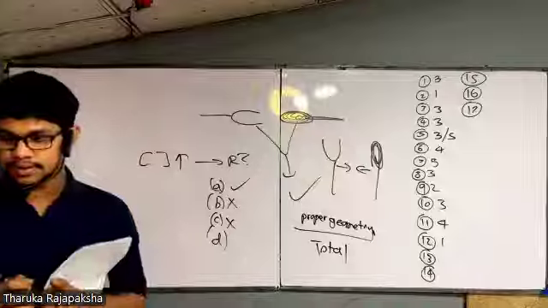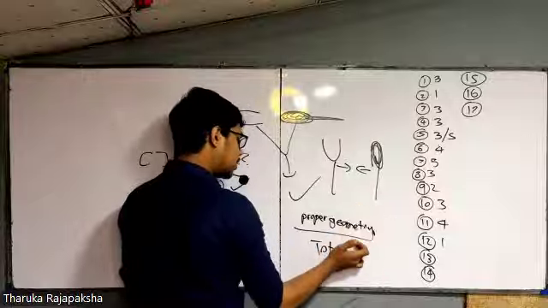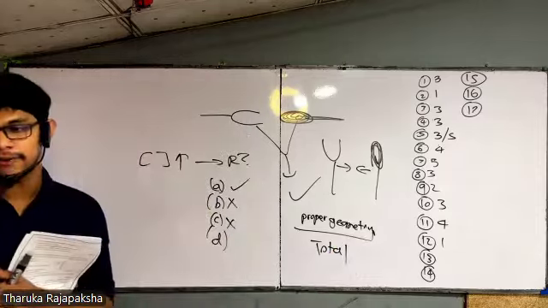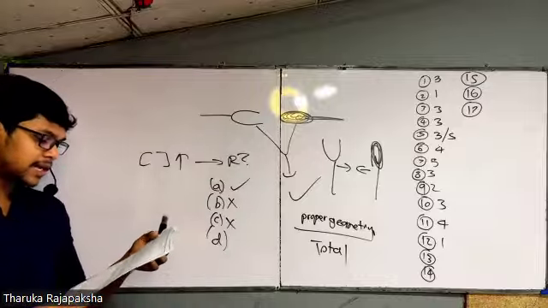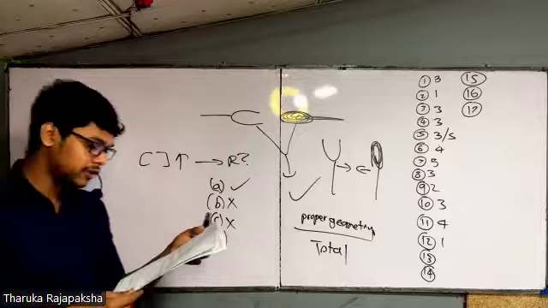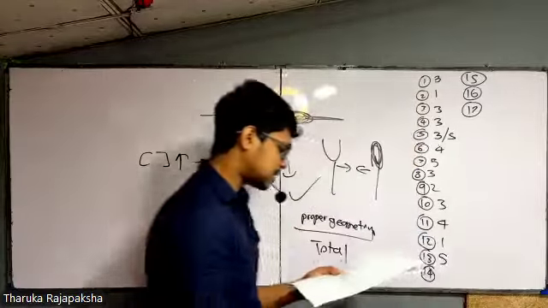When you increase concentration, proper geometry increases and the total also increases, so it has no effect on the fraction. That is wrong. First one correct, second wrong, third wrong, fourth wrong. The answer is number 5. The 13th one, answer number 5.